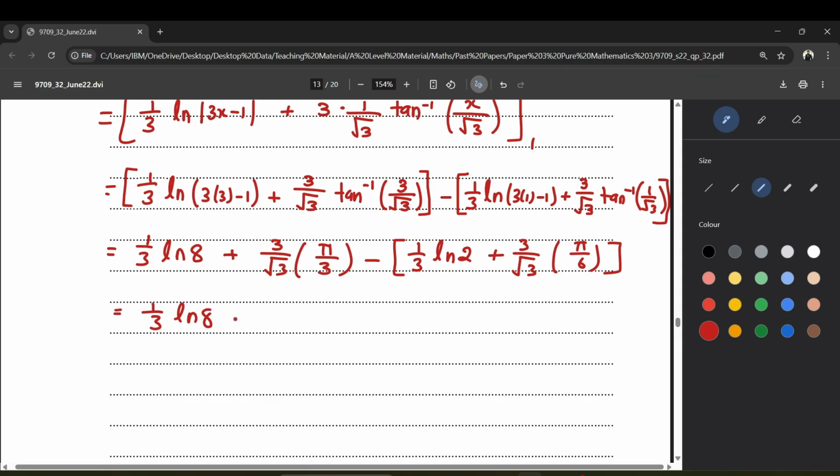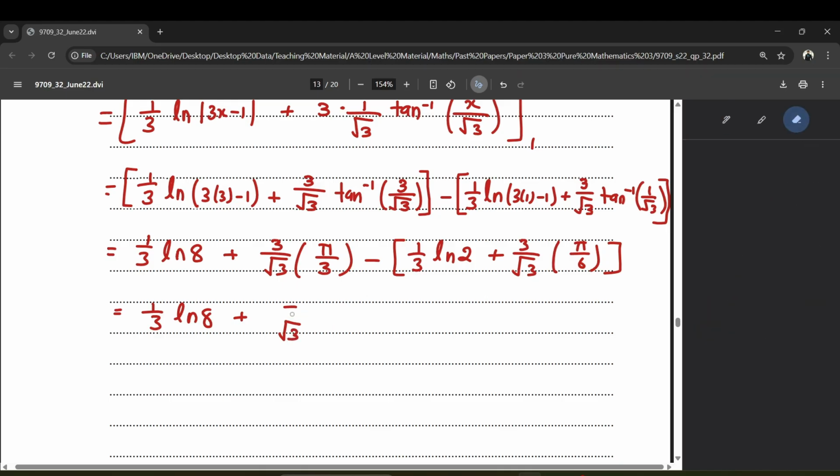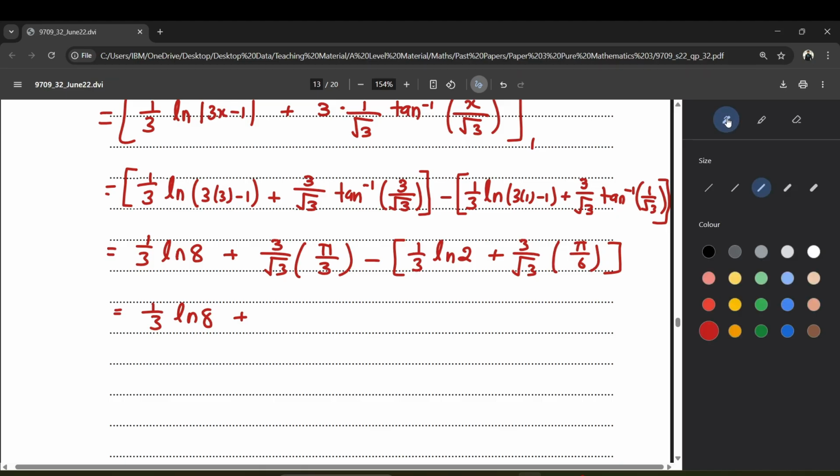So we have 1 over 3 ln 8 plus 3 and 3 cancel out, so you have pi over root 3, or you can write it in this form if you want. We can say 1 over root 3 times pi minus 1 over 3 ln 2 minus 3 and 3 will cancel. So basically here we have 2, right? So we can write this as 1 upon 2 root 3 pi.